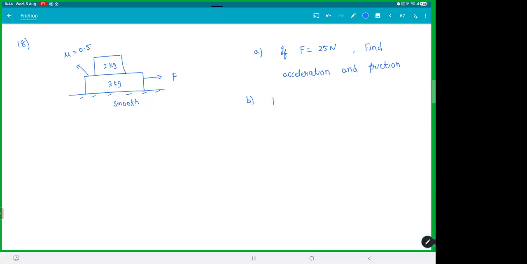Second thing, find the maximum F so that the blocks don't slip. So what is the maximum force you can apply so that the blocks don't slip? Let's make this 20 newtons. 20 newtons. There, give it a try. Two different questions.